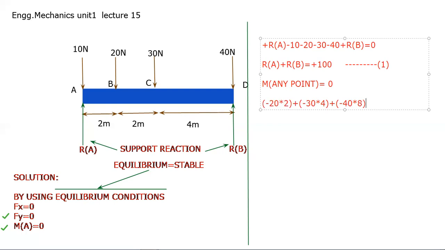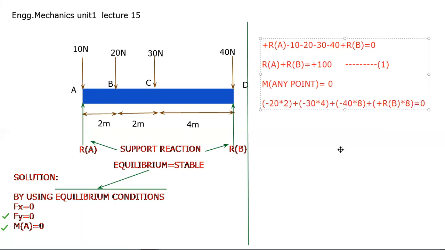And the last one is plus RB. RB is in the anticlockwise direction, so its sign will be positive. Remember this thing, RB will have a positive sign. Plus RB multiplied by 4 plus 4, that is 8, is equal to 0.